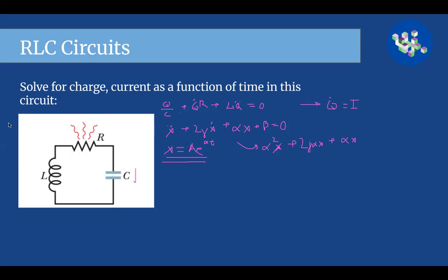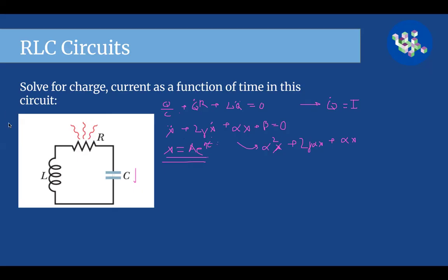Oh shoot, my bad. I don't want to confuse the variables, so instead of alpha, let's say e to the n t, just to not confuse the variables.